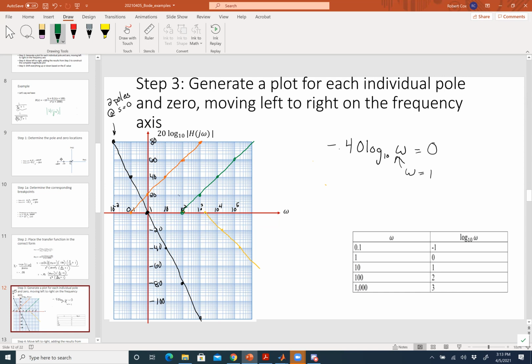Like if you plotted back in high school, if I plot the log of x, the log of x looks like this, right? For any number less than 1, it's negative. For any number greater than 1, it's positive. That's why we're seeing negative numbers on these scales.